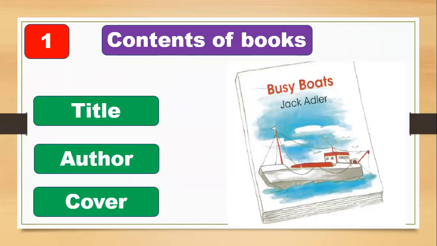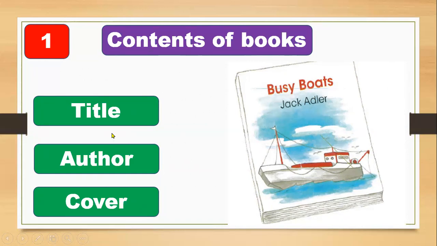We also talked about contents of books. So here, as you can see, this is your book and the book name is Busy Boats. And the man who wrote this book is named Jack Adler. And this is your book cover. And this book tells you about boats.